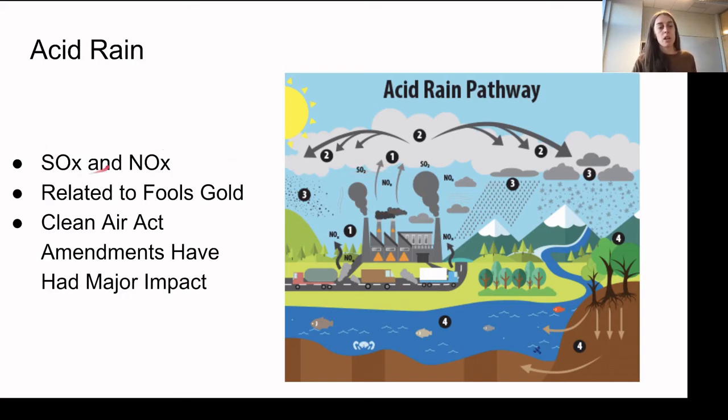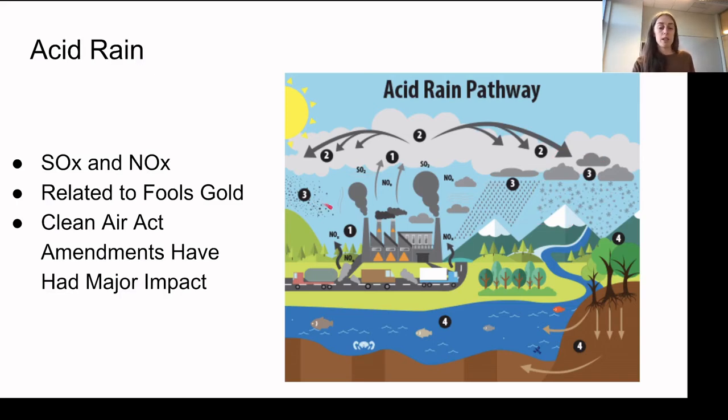This is SOx and NOx, as you'll see it referred to, because it's various levels of oxidized, and from those coal-burning power plants, once they get into the atmosphere, they're going to move along and eventually rain out in precipitation. So you get acid rain.